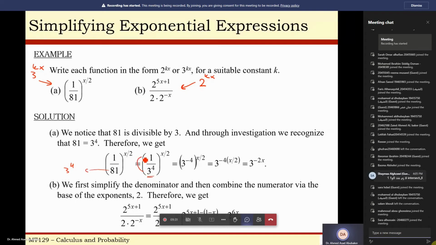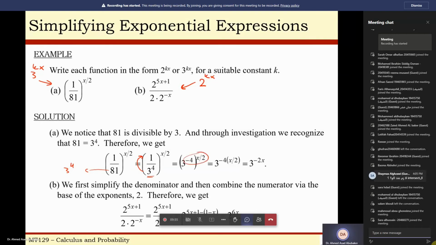We can raise this to the numerator by changing the sign of the exponent. So after raising to the numerator, this equals 3 to the power negative 4. Now we have a power to a power.